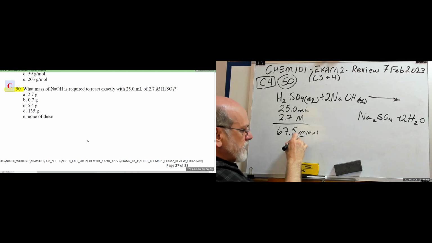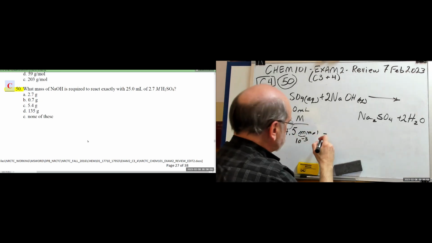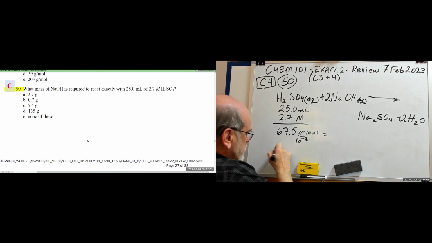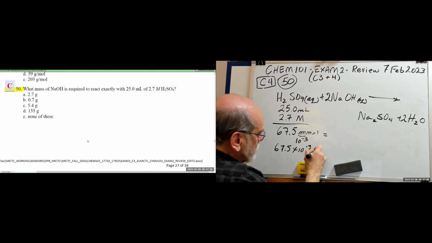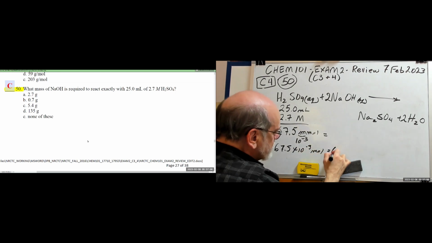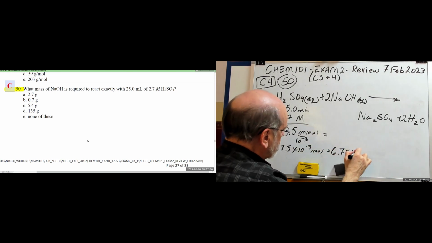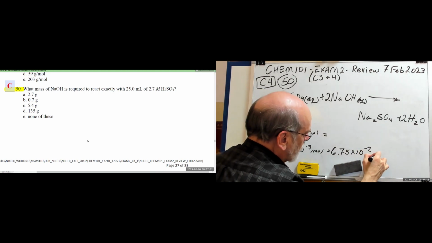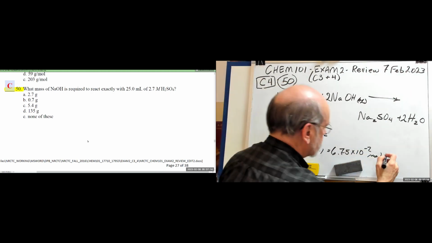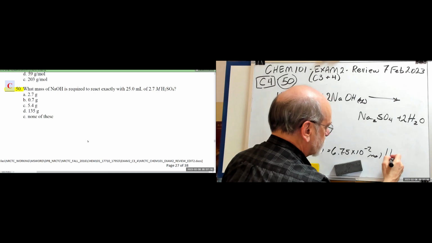Well, remember the milli is 10 to the -3. So that's equal to 67.5 times 10 to the minus 3 moles, or 6.75 times 10 to the minus 2 moles. And this is sulfuric acid.